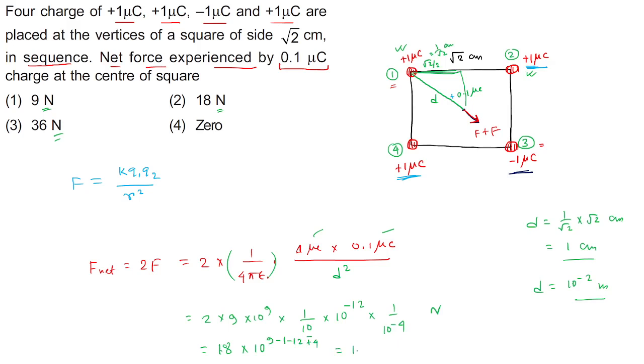So 18 into 10 to the power 9 plus 4, 13, minus 13, gives 10 to the power 0. That is 18 Newton. So the correct answer is option 2.